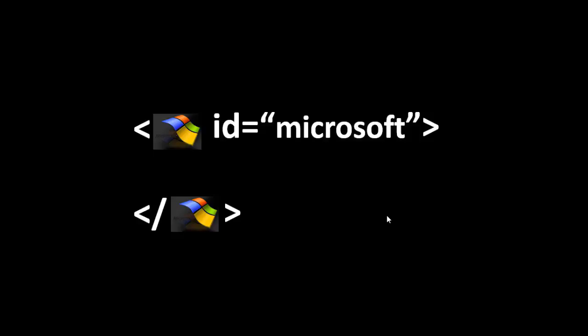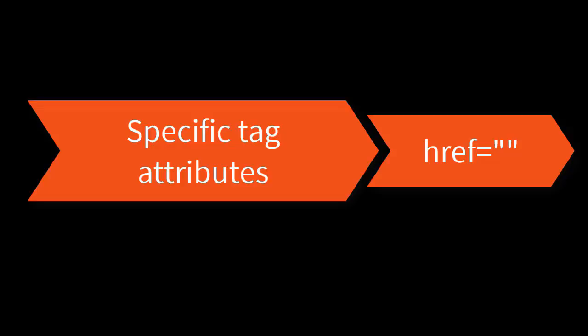So it is unique. Also, some attributes are specific to some tags. That means not all HTML tags can use them, e.g., href, src, and so on. All these HTML attributes are specific to some HTML tags.